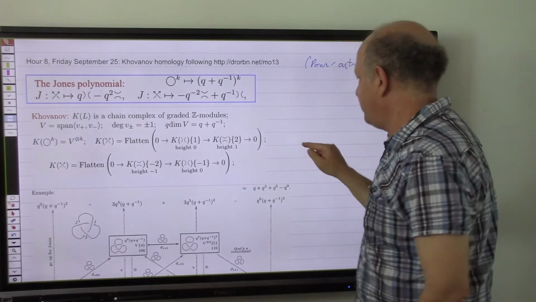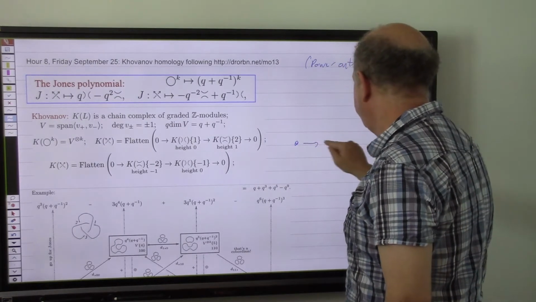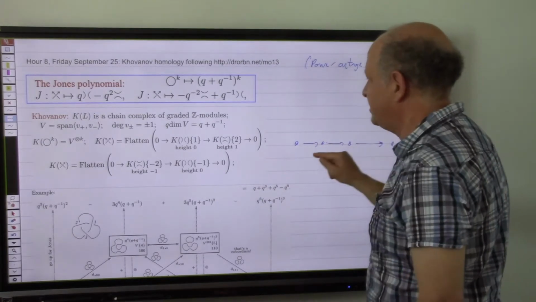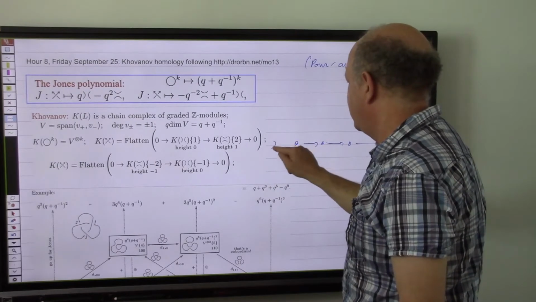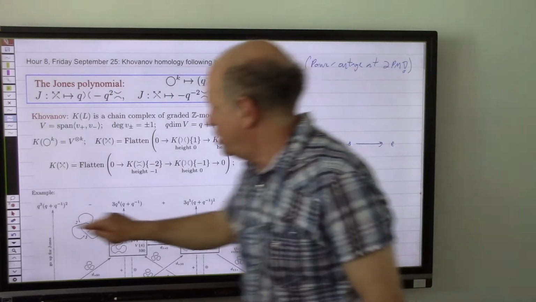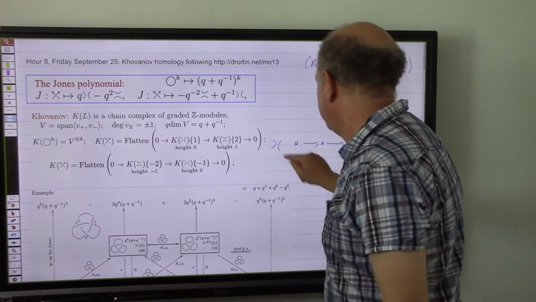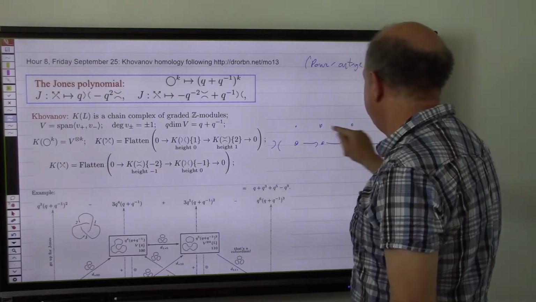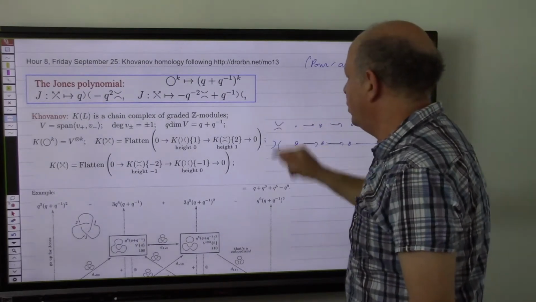So each of them is a complex. Each of them is a chain of spaces with maps between them. This, for example, will be the complex corresponding to the zero smoothing, and this will be the complex corresponding to the one smoothing.